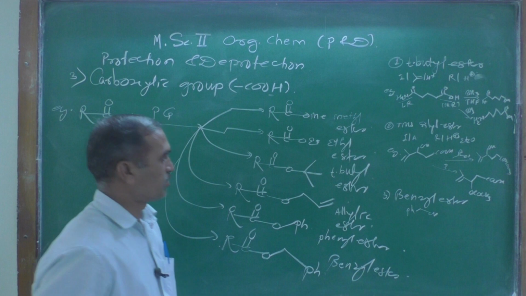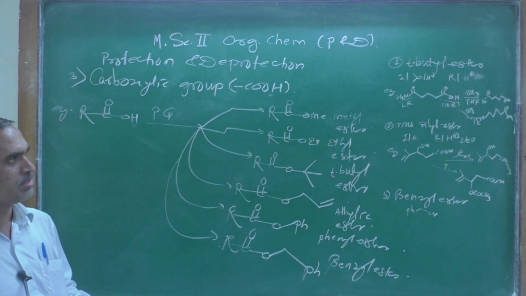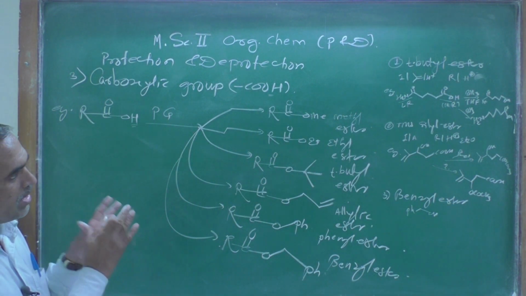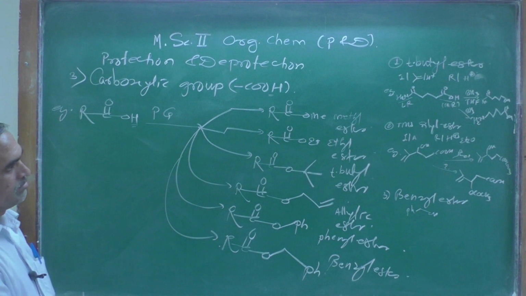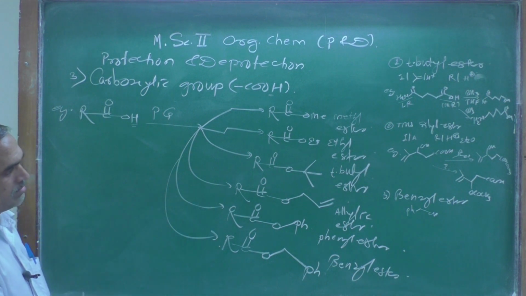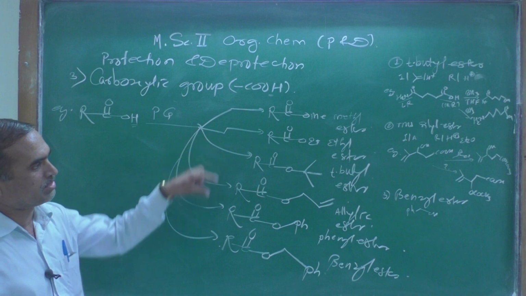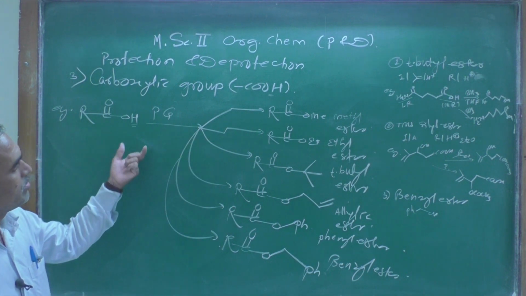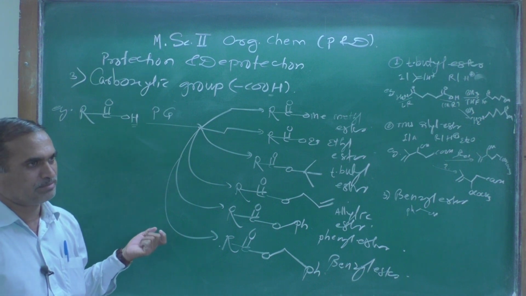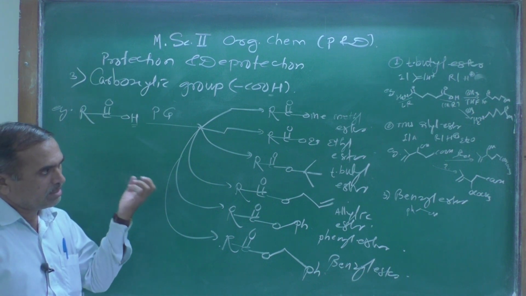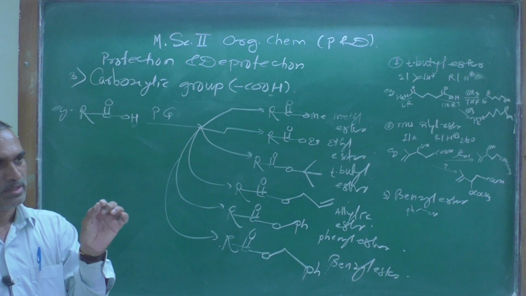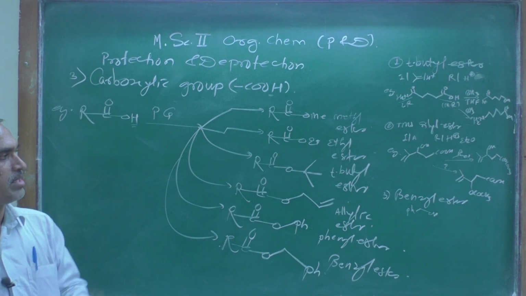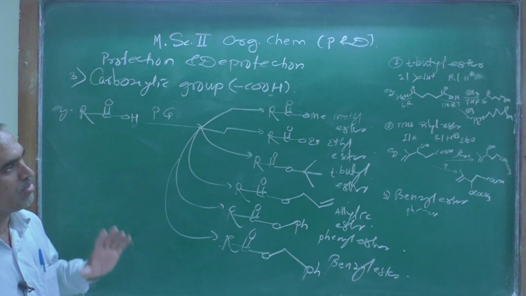So these are some of the derivatives I have written here. If you observe this structure carefully, what do you see here? All these reactions take place in the presence of a catalytic amount of acid.